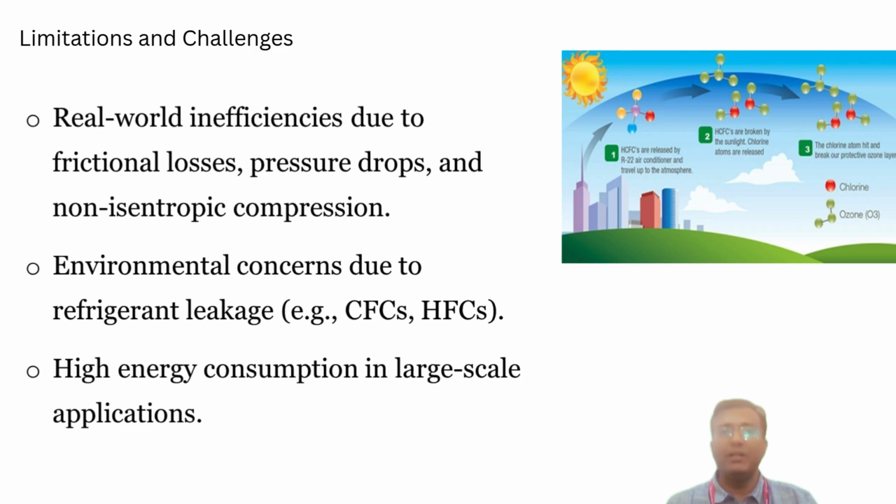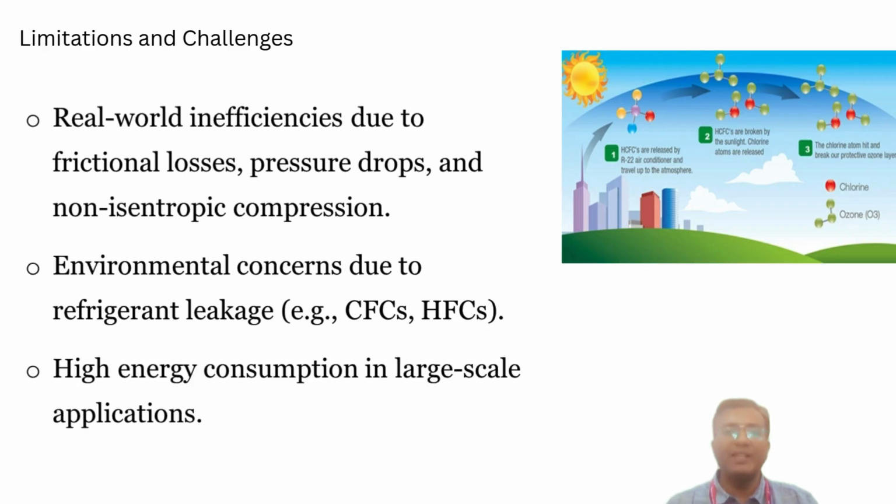Now coming to the limitations of the vapor compression refrigeration cycle, first is the inefficiency in real world applications, which reduces its performance. Unlike the ideal cycle which we have studied in the above diagram, the real world cycle is actually very different.